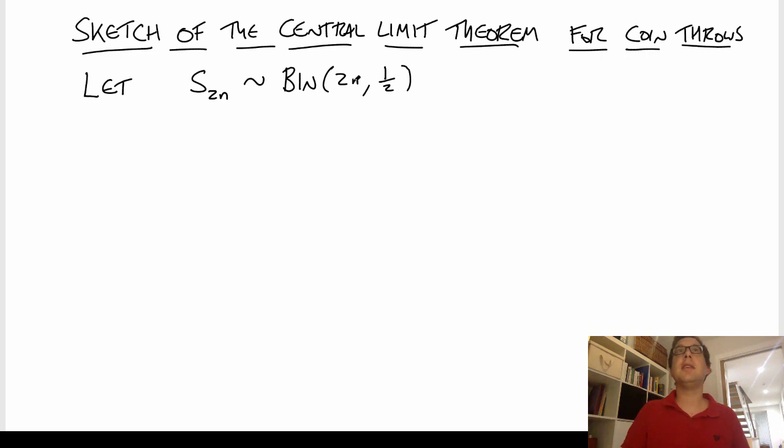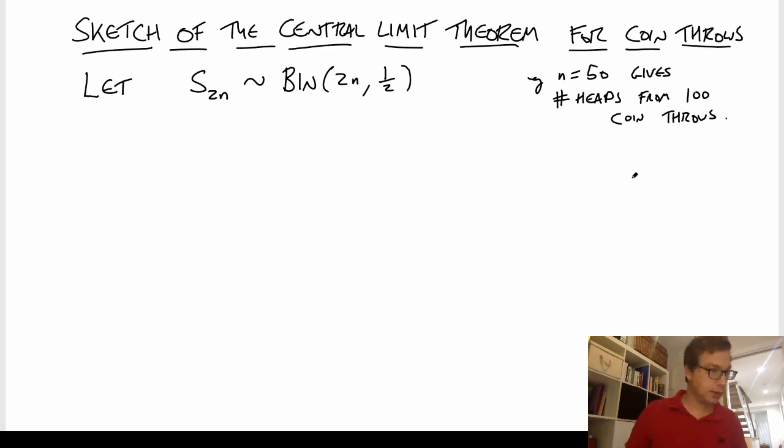So if n is equal to 50, we're looking at what happens to the sum of 100 coin tosses. How many heads do I get out of 100? So e.g. n equals 50 gives the number of heads from 100 coin tosses or throws.